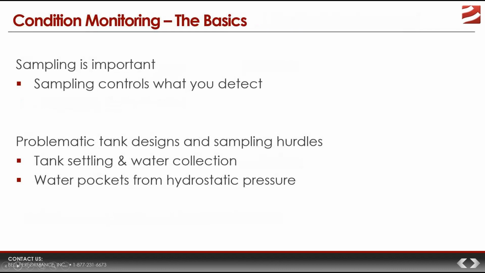Now, the object of condition monitoring is to develop an accurate picture of the condition of your storage tank and the contents therein. That means taking samples of the contents and then analyzing those samples to see if they tell us anything useful about the situation. Now, there are many ways to do these things, and unfortunately, there are many ways to do them wrong.